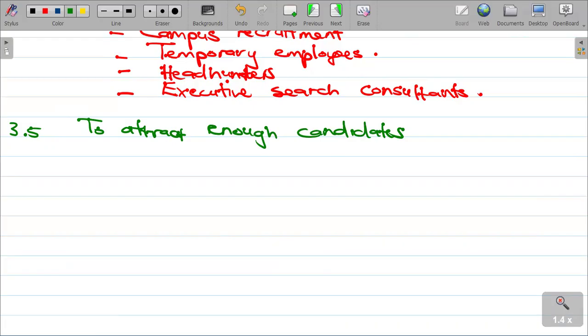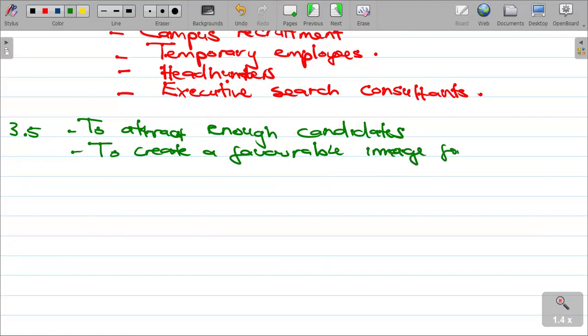They also want to create a favorable image for the organization. And also, they want to advertise to the correct person or to the correct audience.